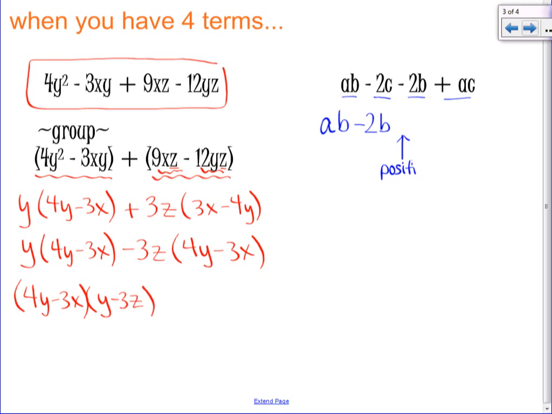So rearrange your 4 terms so that that third term is always positive. So I am actually going to put AC right here and minus 2C at the end. You can do it the other way, but for some reason this cleared up so many mistakes on the test just by making that one small change.